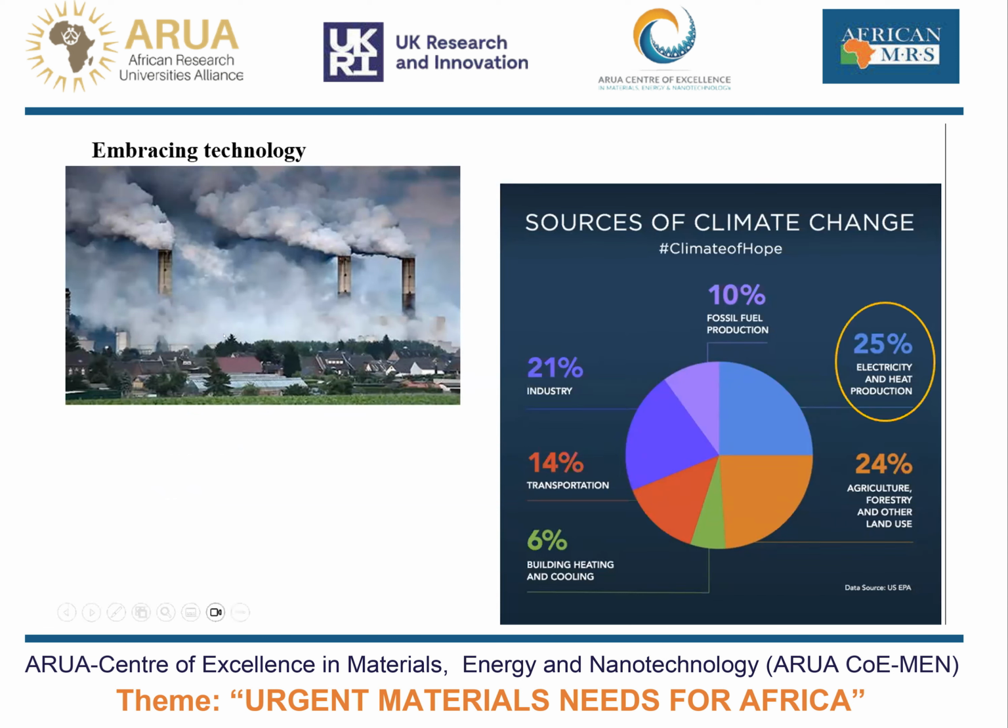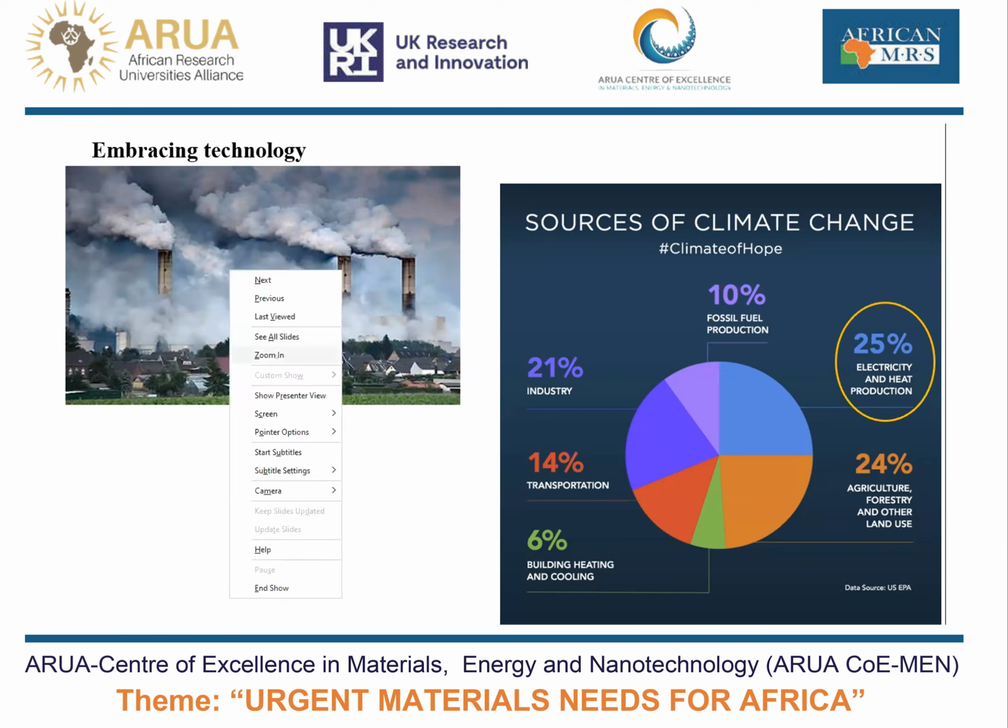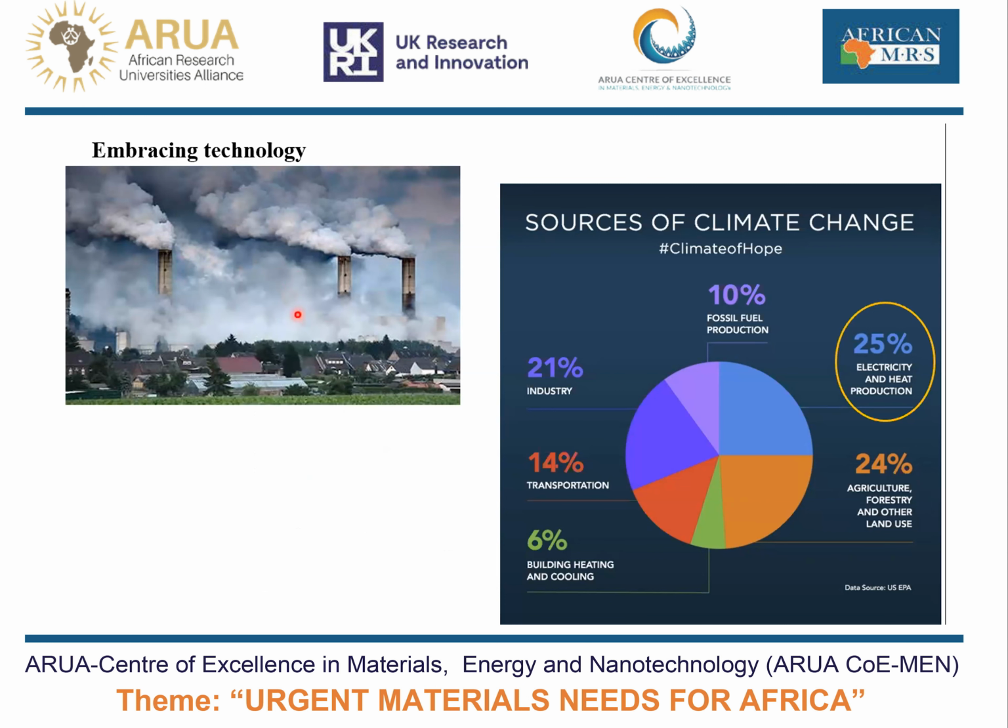So ideally, this is a common phenomenon that we have with increasing population and the demand for energy going up. And you look at what is causing this kind of pollution, and you find that 25% majorly comes from electricity and heat generation.